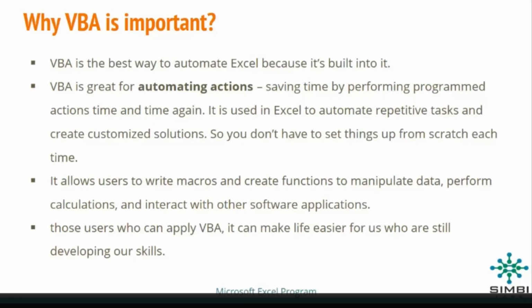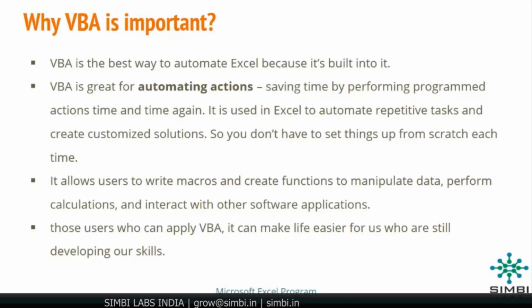Next, why is VBA important? Because VBA is the best way to automate Excel because it's built into it. VBA is great for automating actions, saving time by performing programmed actions time and time again. It is used in Excel to automate repetitive tasks and create customized solutions, so you don't have to set things up from scratch each time.